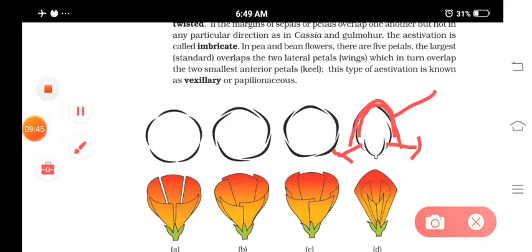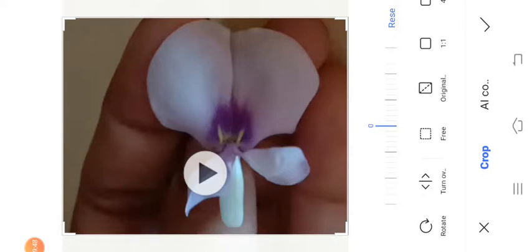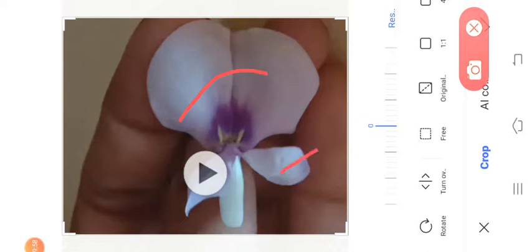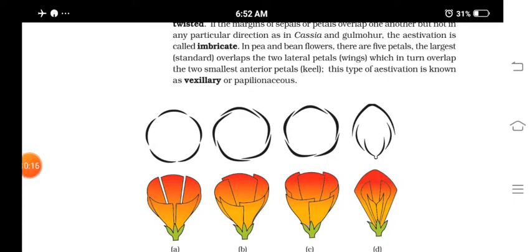So you can see here this is one flower of pea. This is the standard petal, the big one. This is a wing petal and this is another wing petal, and here you can see the keel petals. There are two keel petals, joined to form a boat-like structure.